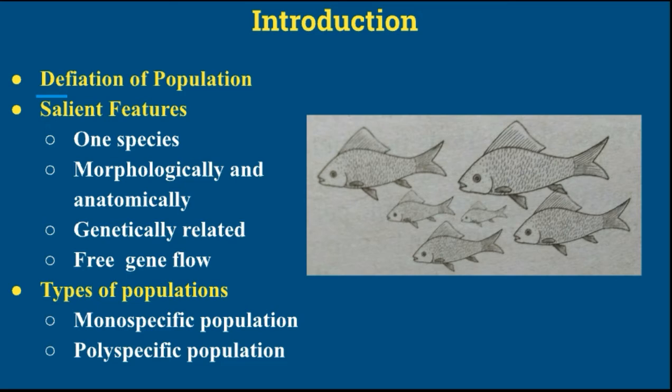A polyspecific population is formed of many related species. That is the main and important difference between the monospecific population and the polyspecific population. That is one type of population.